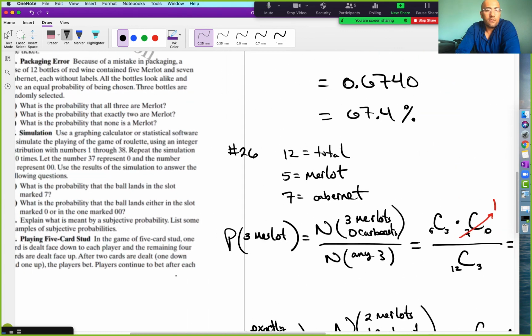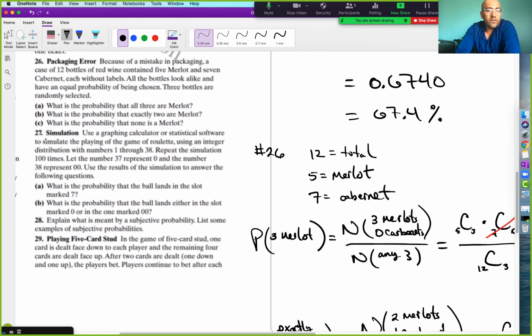Okay. What is the probability that none is a Merlot? Well, none is a Merlot is the same thing as saying we want all Cabernets. So it's just the probability of picking 3 Cabernets. That should be following the pattern, pretty easy. 0 Merlots, 3 Cabernets.